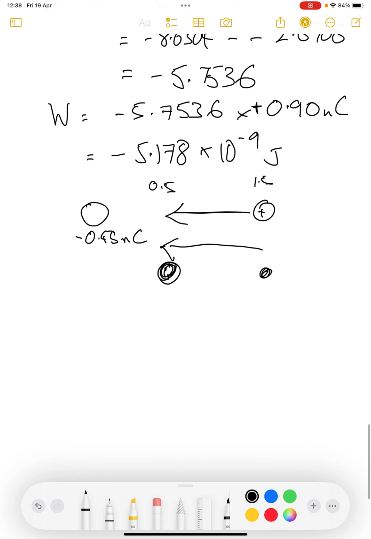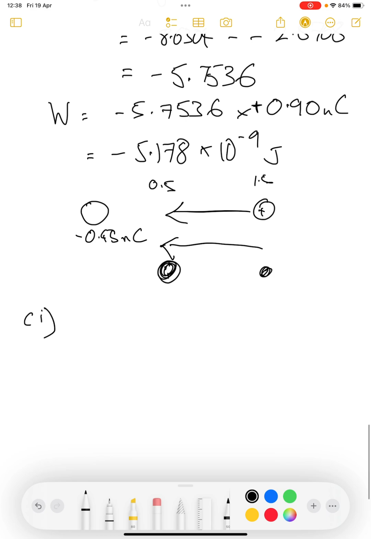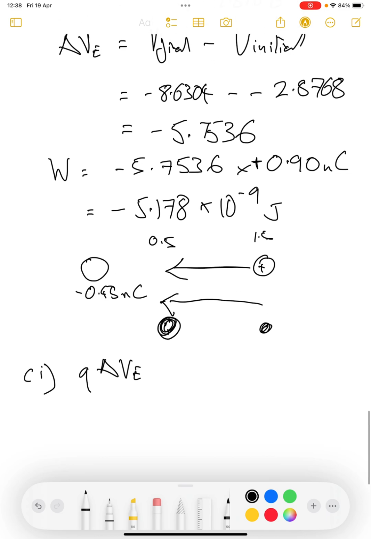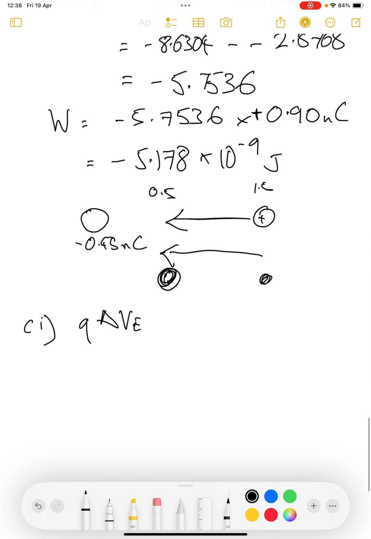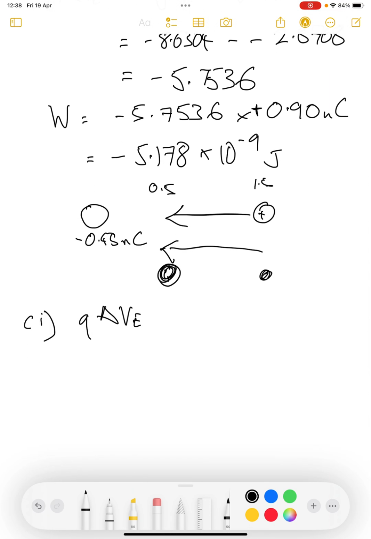But what I'm going to do now is do C1 again with this new way of doing it, which is saying it's Q times delta VE. Now our delta VE is the same because we're going from 1.5 to 0.5. So delta VE is equal to minus 5.736 volts. Here, our charge is equal to minus 1.3 nanocoulombs.